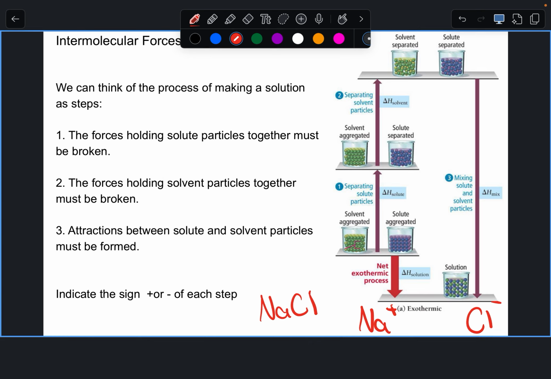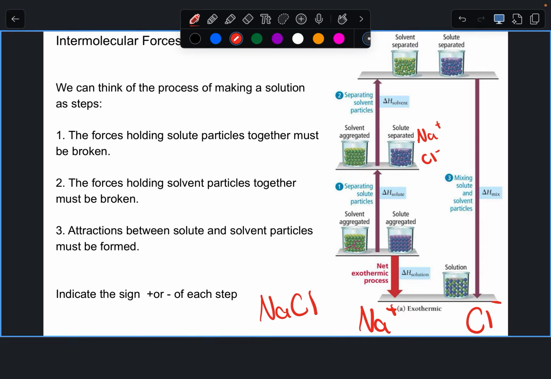If you look at the picture on your screen, they're all in this organized way, and then they look all kind of chaotic on that side. They're trying to describe it breaking apart. I think just writing sodium chloride, sodium plus, chloride minus is probably a little bit easier to understand. So this would be specifically for a salt, but we could apply it to any solute.